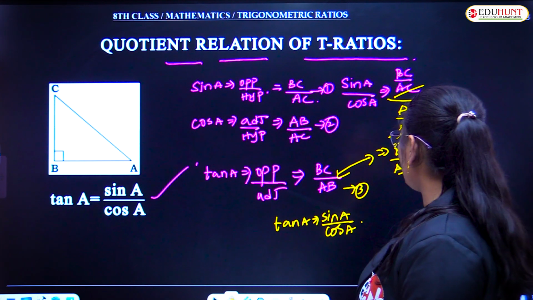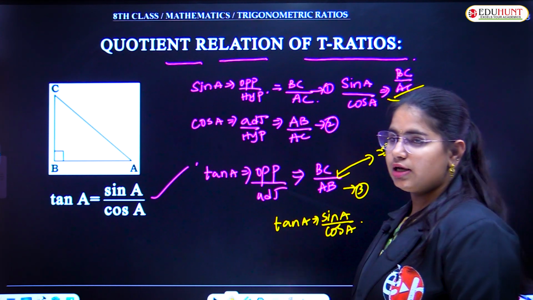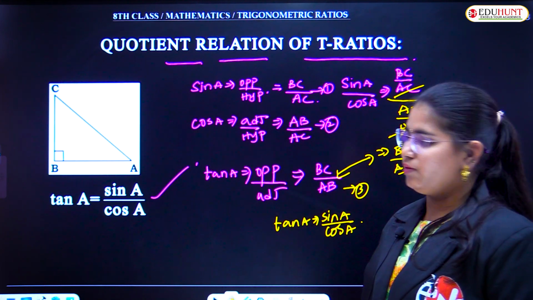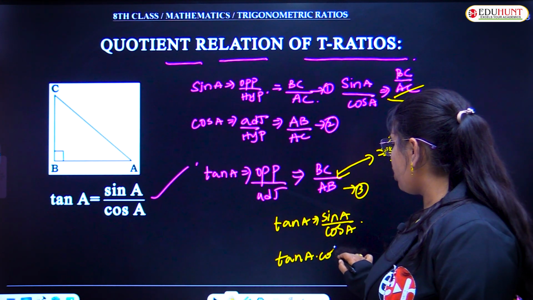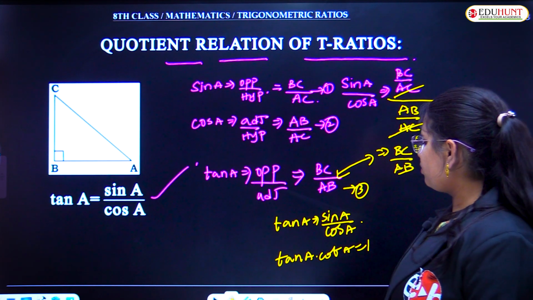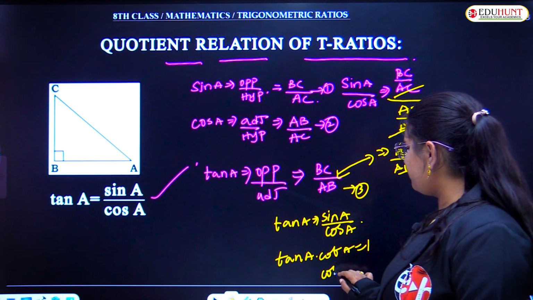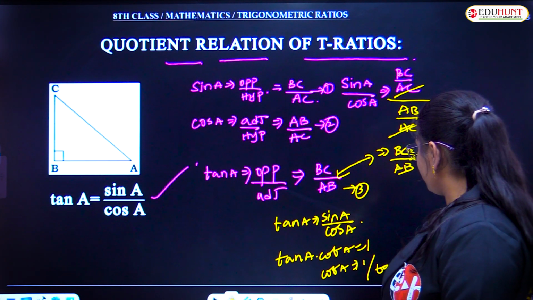Similarly, you can also prove it. I told you in the last slide, what did I tell you? Tan A into cot A is equal to 1. Correct? So what is cot A? How will you define it from this? 1 by tan A. Correct?